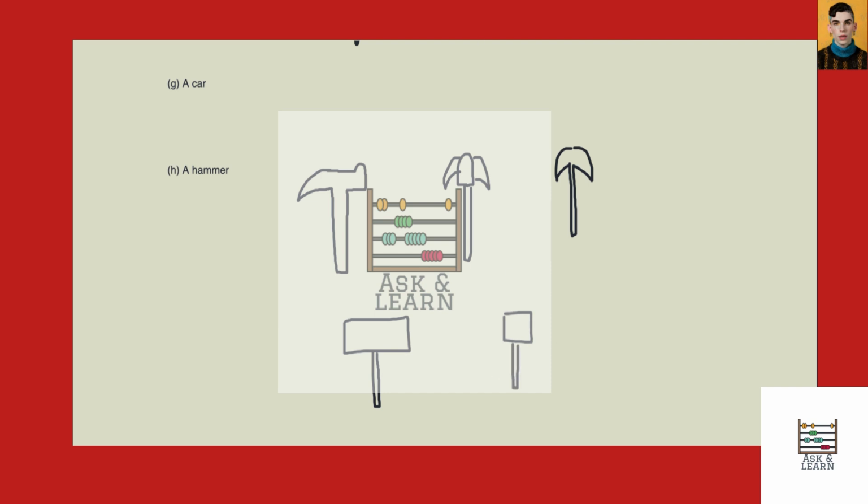It would have multiple planes of symmetry. So we would have, going down the middle, basically for all of these, a vertical plane of symmetry.